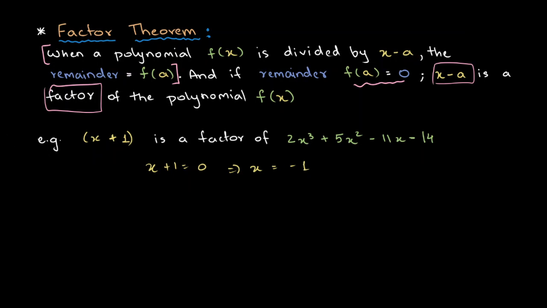And when we find the remainder, as we do in the remainder theorem, the remainder, if you remember, will be f of minus 1 in this case. And this remainder, because the said divisor is a factor, will be equal to 0. That's all that there is to the factor theorem.